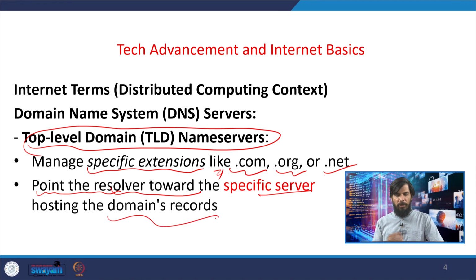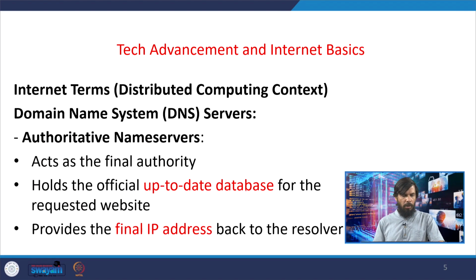So, eventually that information on the specific server which is actually hosting the domain's records will be there in the TLD name server corresponding to the extension, right. So, now the DNS resolver in the next step can query this specific server, which is another type of DNS server.